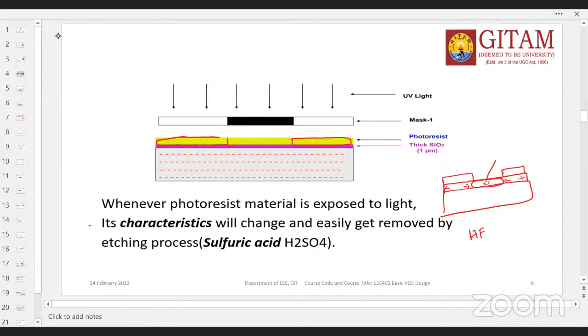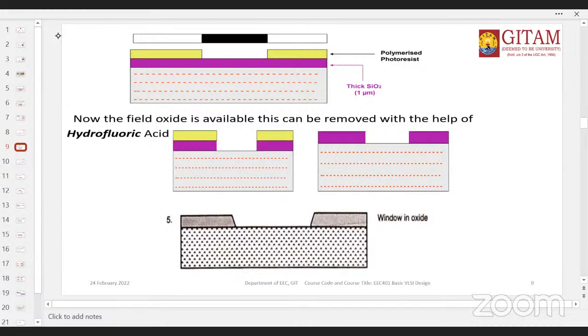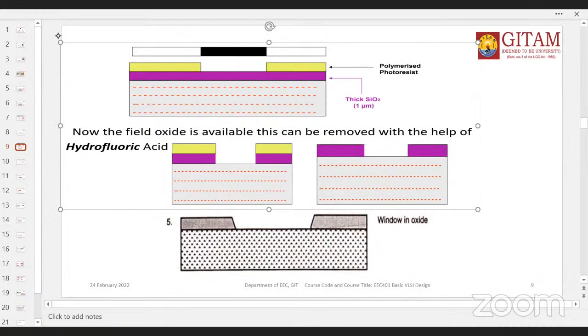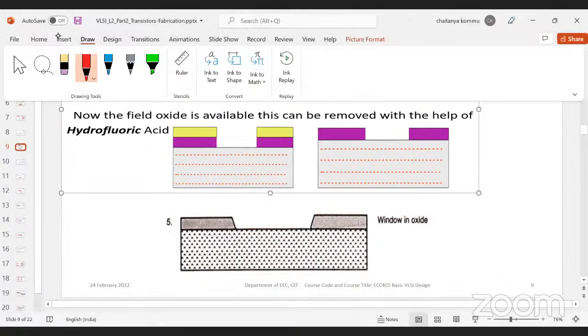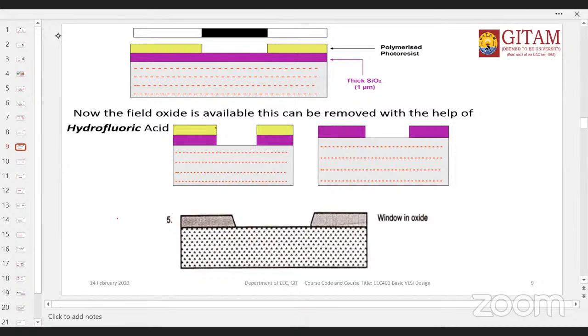So now the bare silicon is something like this. Now we can see the bare silicon at the middle. Our purpose is completed, so we should remove this portion by using some kind of etching process.